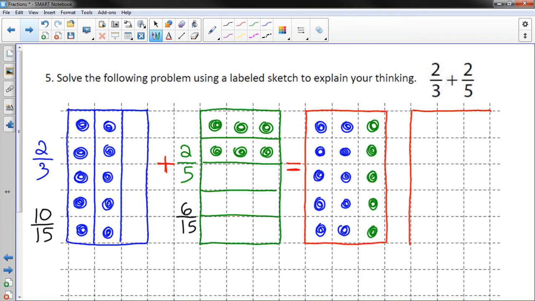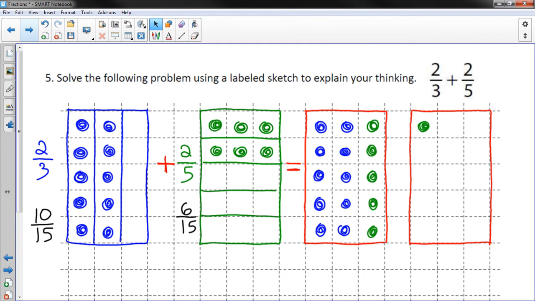So, build another rectangle that's exactly the same size and then keep filling away. Well, we only have to put one more in there. 1.